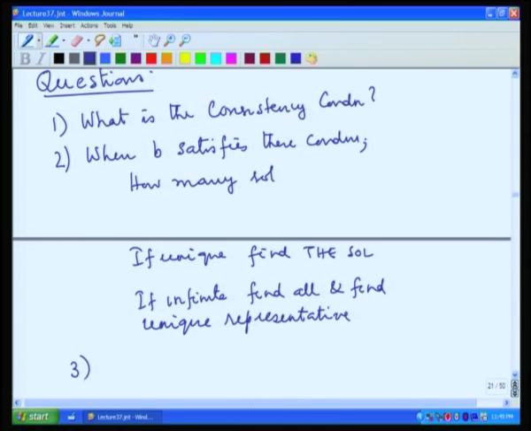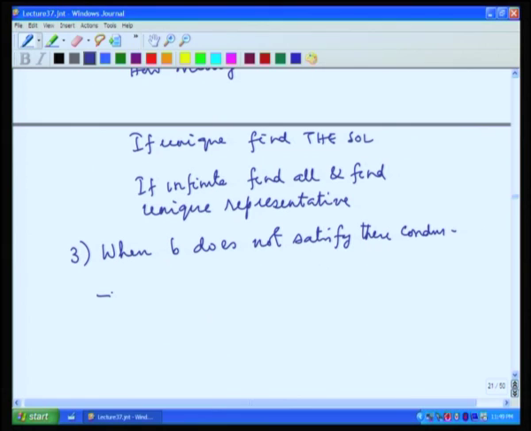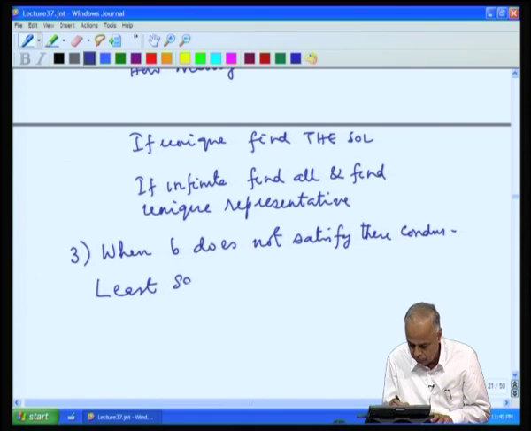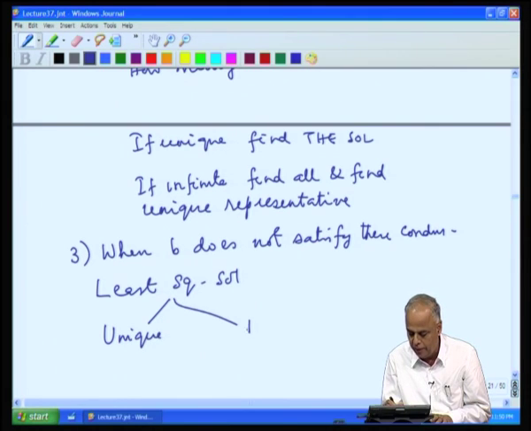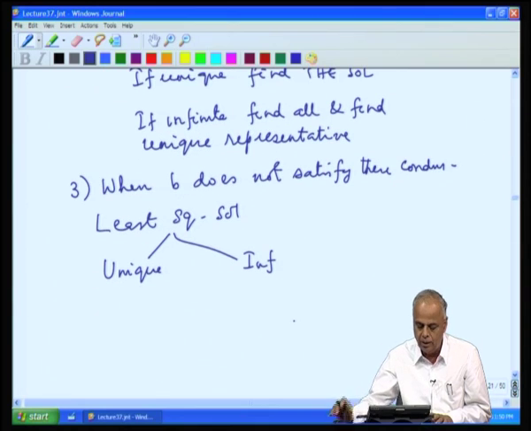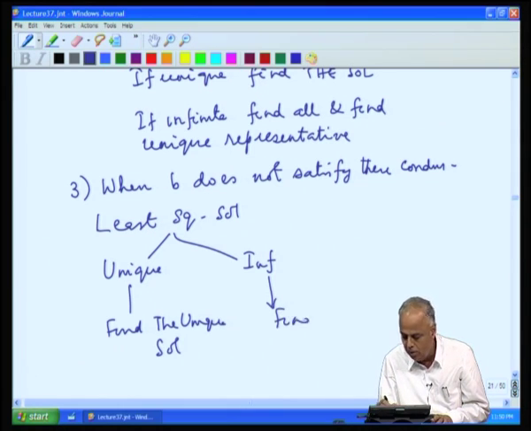And then we have to worry about when b does not satisfy these conditions, then we have to worry about what is known as the least square solutions. Then we have to worry about uniqueness or infinite, and if it is unique, we want to find the unique solution, and if it is infinite, find all and find the unique representative.